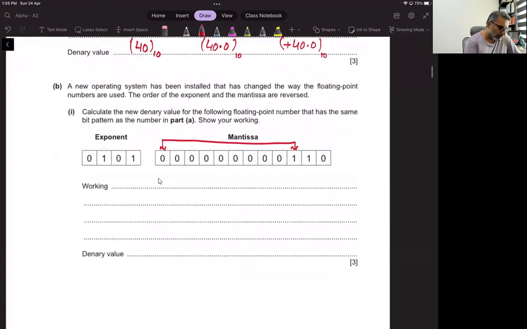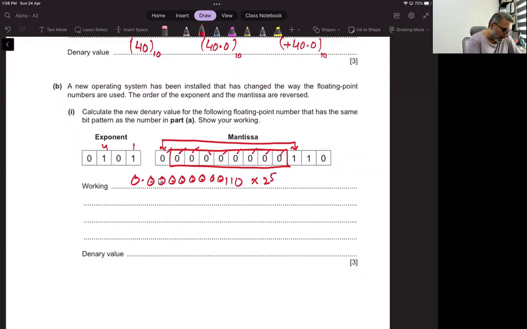Okay, so this is non-normalized. So we have to remove all these zeros. So this one is 1, 2, 4, so this is 5. So 0.00000000, 1, 2, 3, 4, 5, 6, 7, 8, 110 into 2 to the power 5.